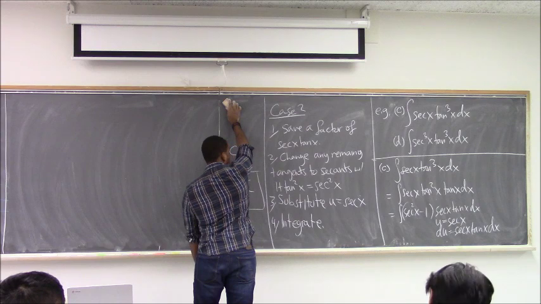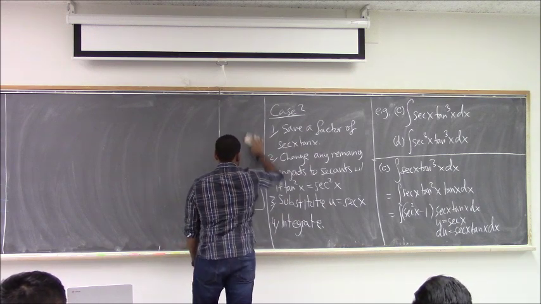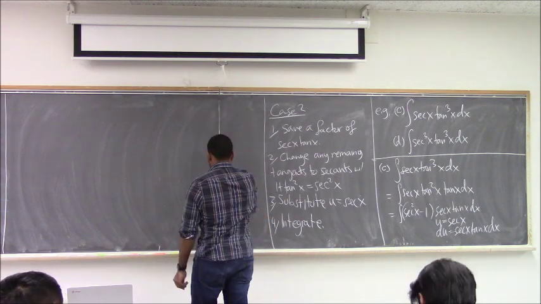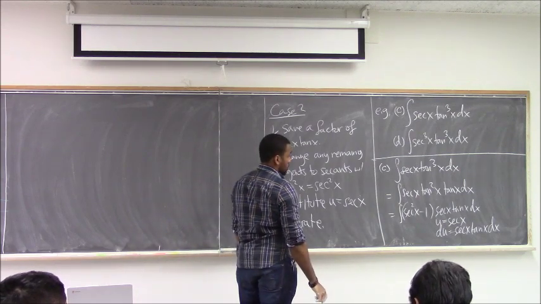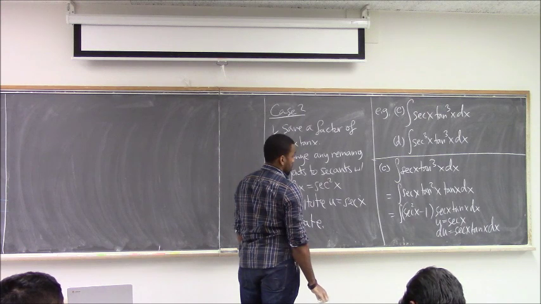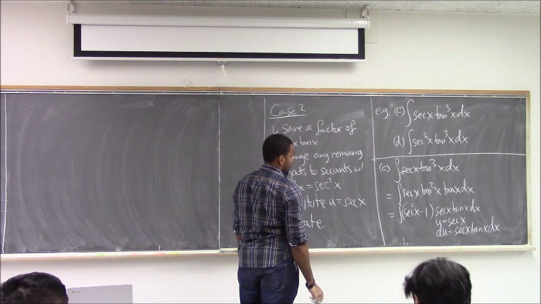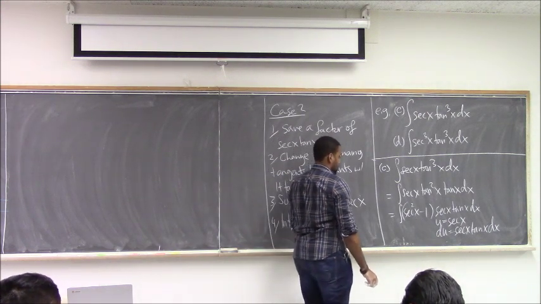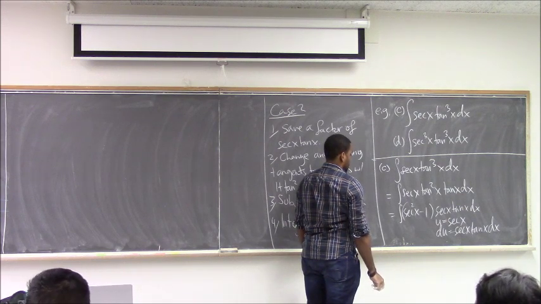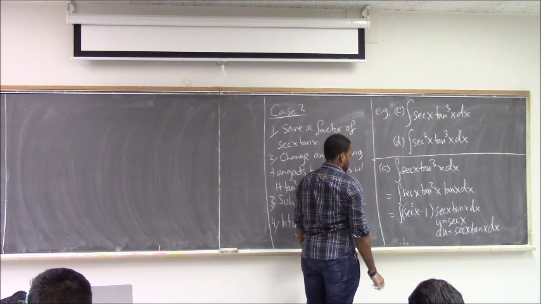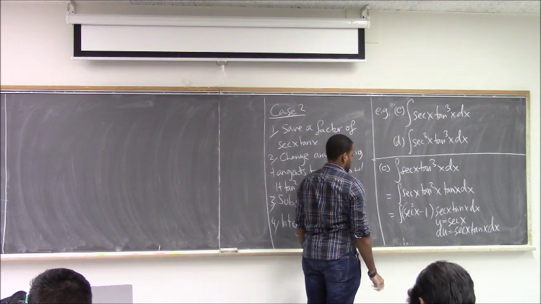Yes. So we would get secant squared minus 1 times secant times tangent, right? We need to replace the secant with the u. So the u can be the secant, and if you replace it with u, u times u squared plus 1, you would get u cubed plus u, and if you take the antiderivative, it would be 1 over 4 u to the 4th power plus half u squared.